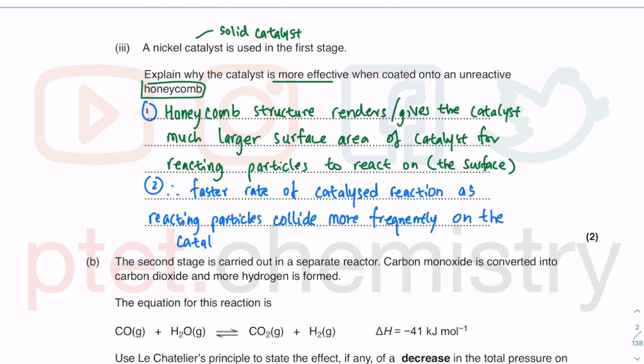And that is the reason why the reaction is faster, because there are more frequent collisions, there are more successful collisions, and they can react with a lower activation energy. So on the catalyst surface, there are more reacting particles, faster rate of catalyzed reaction as reacting particles collide more frequently. So there are more reacting particles that can overcome the lower activation energy.